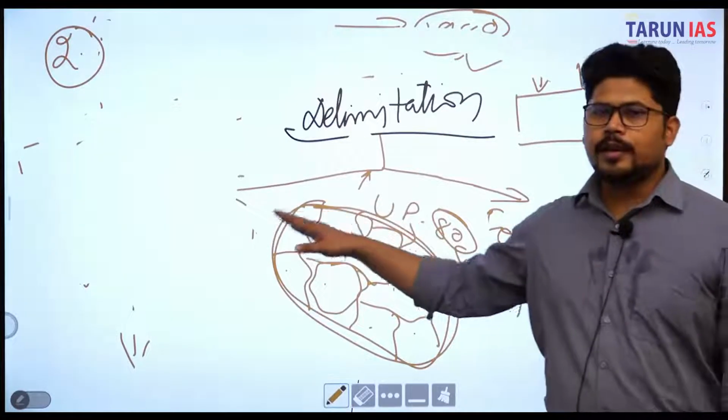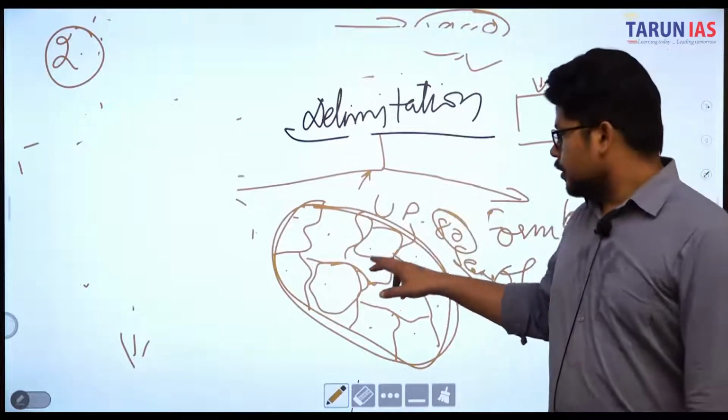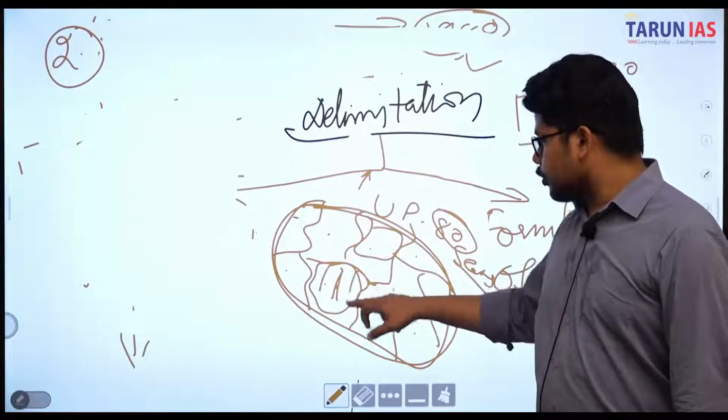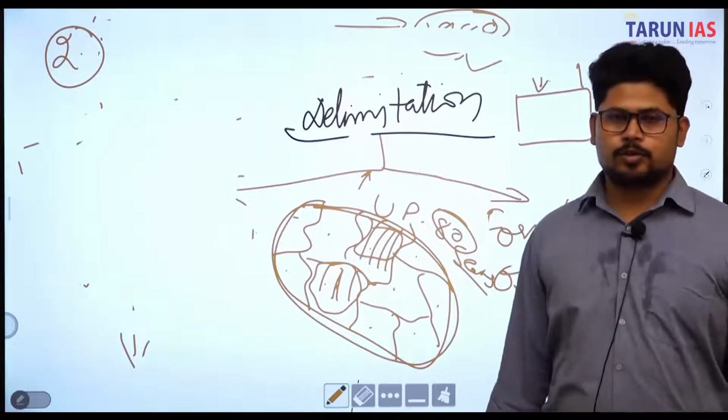The state should be divided in such a way that the number of people in this territorial constituency is same to the number of people in this territorial constituency.